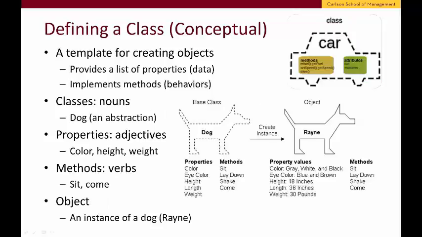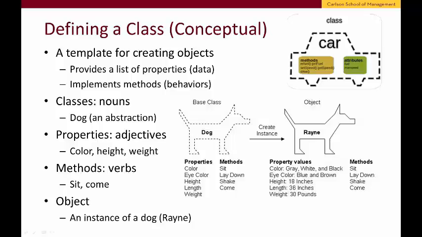We will start with more of a conceptual rather than technical definition of a class. A class is a template for creating objects, kind of like a blueprint that lists all the characteristics or properties and behaviors or methods associated with the real things, objects, the class represents.